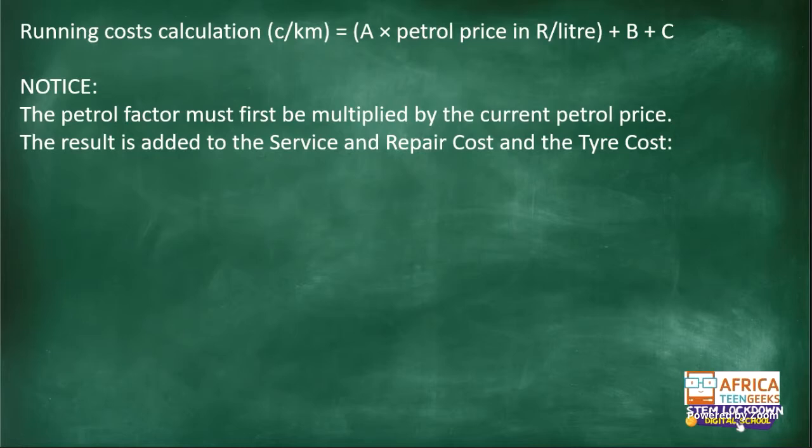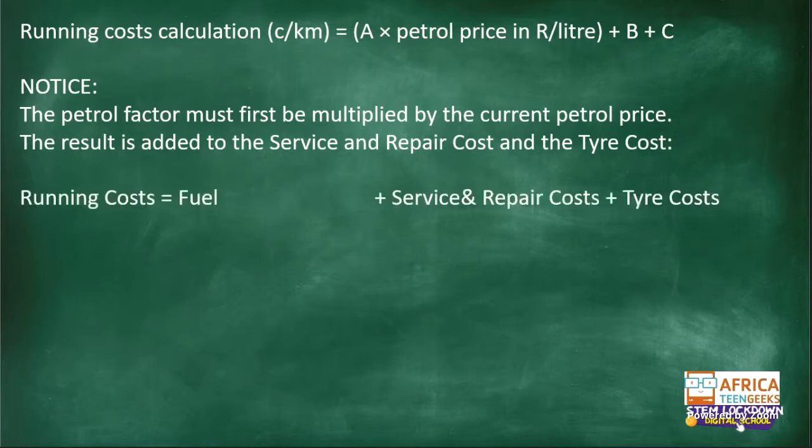The first one is the petrol factor, which is multiplied by the current petrol price per liter, plus the second one, you are going to add the service and repair cost, which are in cents per kilometer. And the last one, of course, which is the third, is the tire cost. Now, all of this gives you the running cost of a vehicle per kilometer.